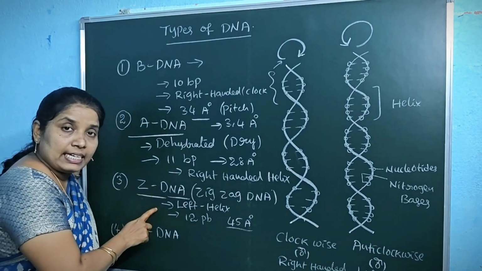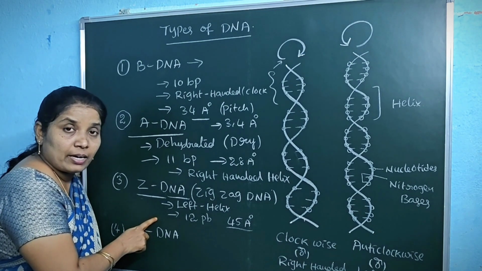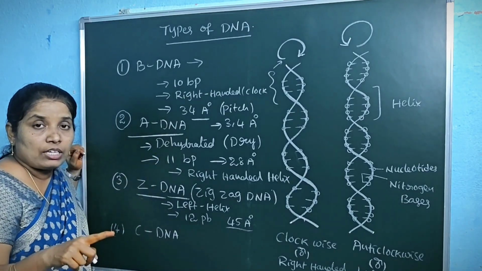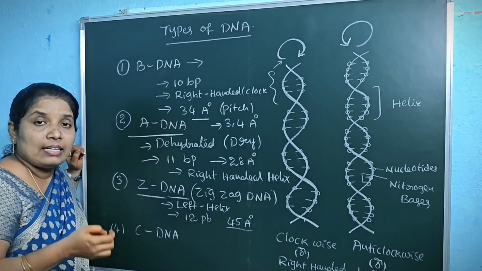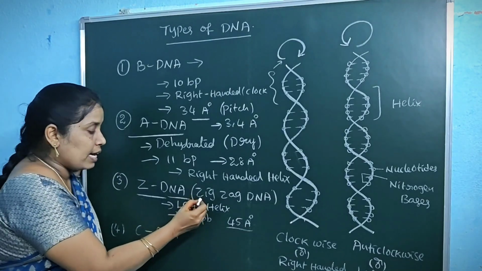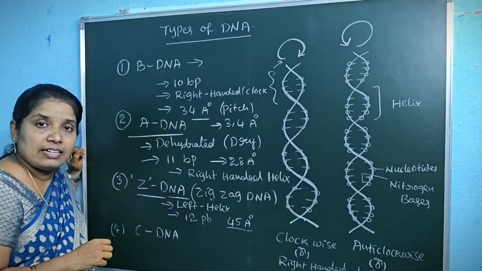In zDNA, the sugar phosphate backbone follows a zigzag manner. That's why the name has been given as zDNA.